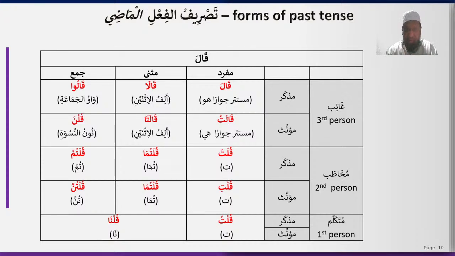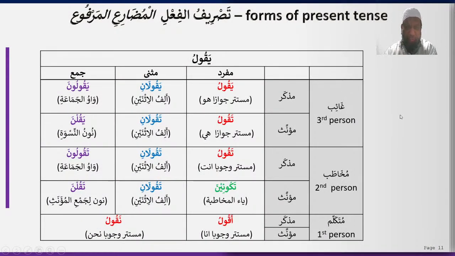It doesn't matter if the fa'il is singular, mufrad, or dual, muthanna, or plural, jama. The fi'l always comes as mufrad: قال for mudhakkar and قالت for muannas. And in the rest of the sigas, the fa'il is already built in, and those fa'ils are damir bariz.